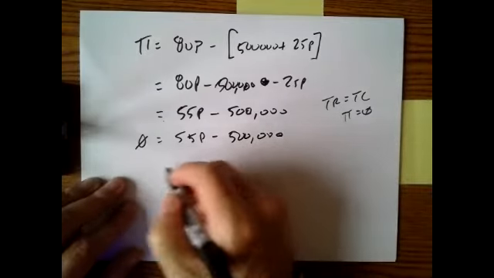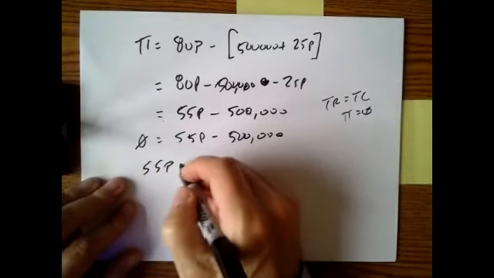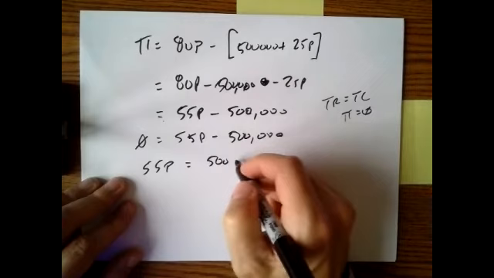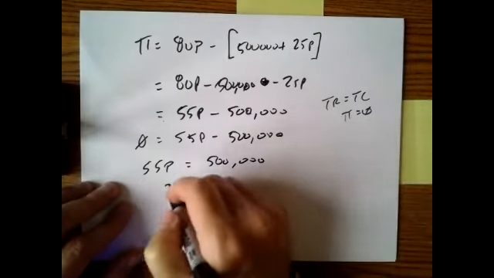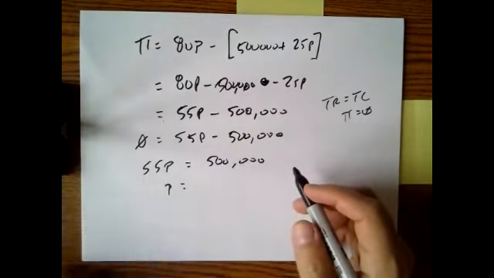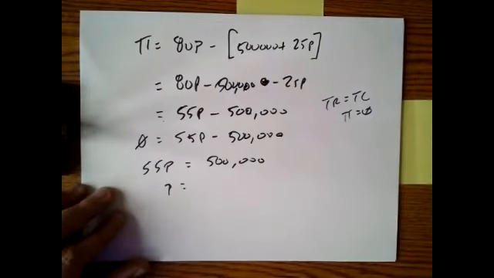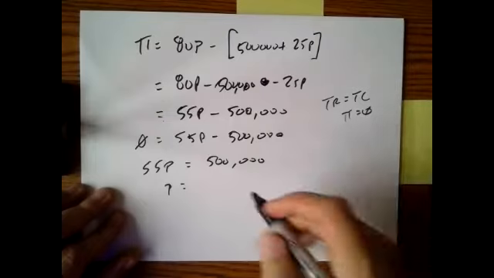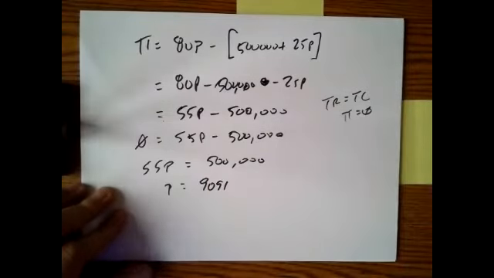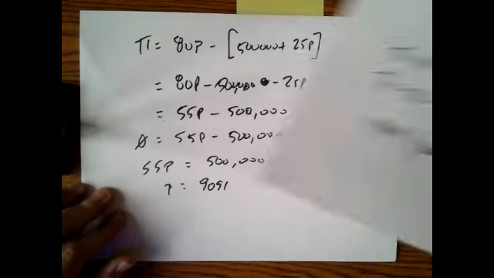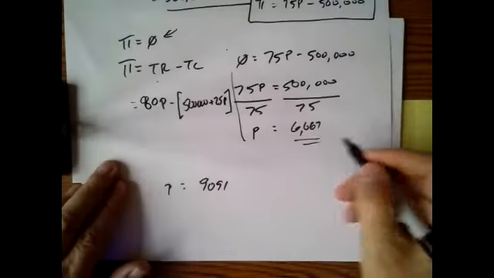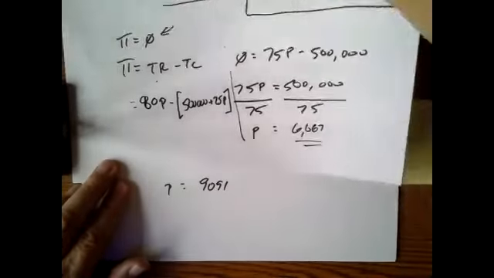We add 500,000 to both sides, and we get 55p equals 500,000, and p then is equal to 9,091 visits or procedures. So significantly higher than before when we calculated that it was 6,667.